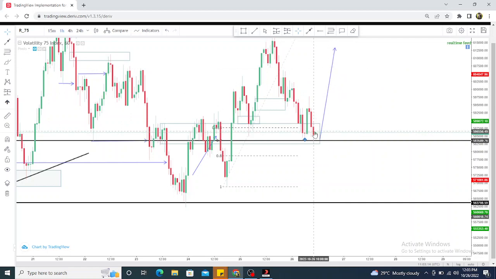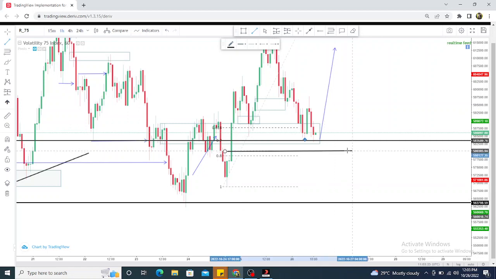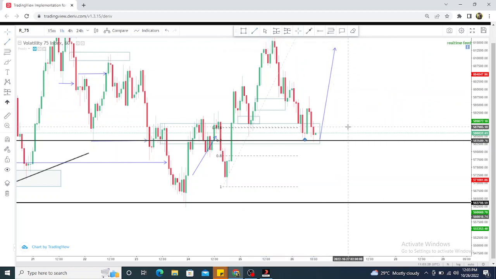I'm on this trade and I have my stop loss somewhere around here. So let's just hold and hope for the best from this trend that is going to rally up.